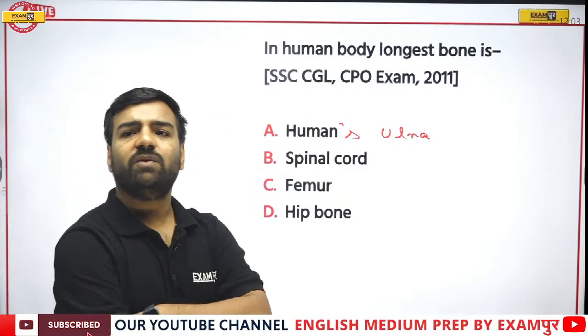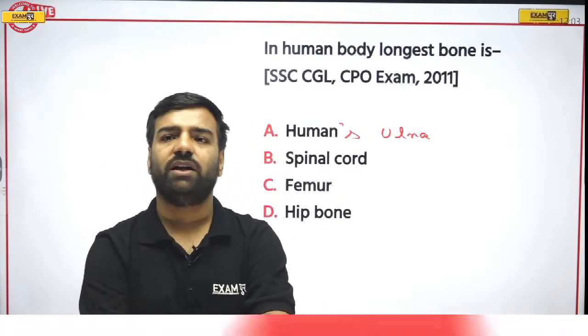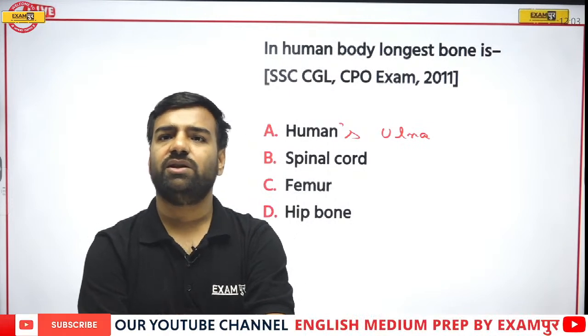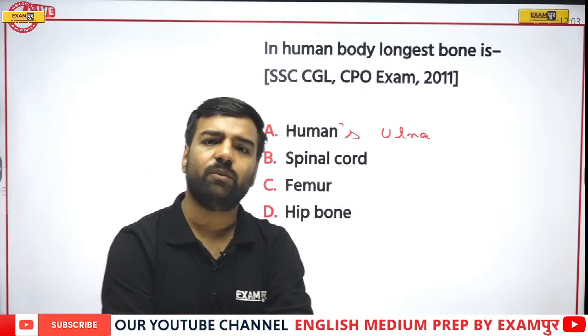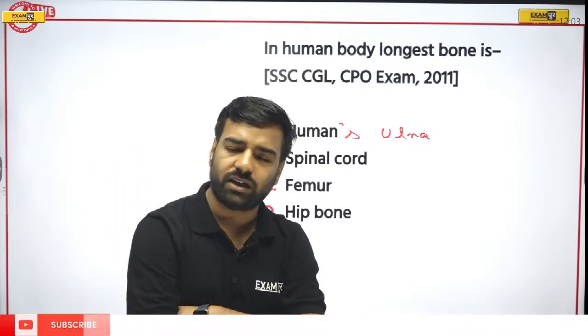Now Pankaj is the one who has given an answer. Child is having bones, that is 300. That's true, Pankaj. Absolutely correct. But if I talk about this question, the longest bone, please remember that is your femur. Absolutely correct, Pankaj. Absolutely correct, Udbhav.